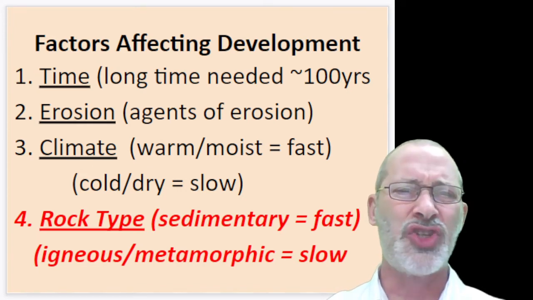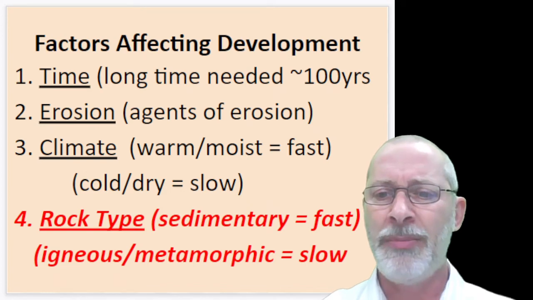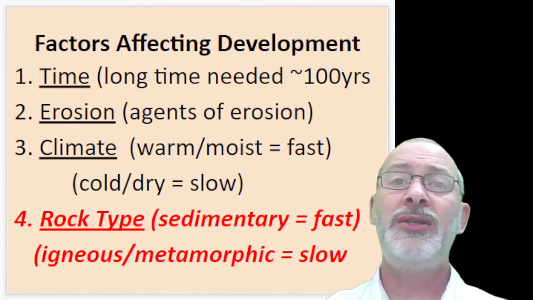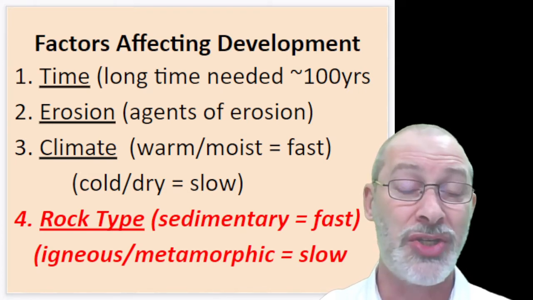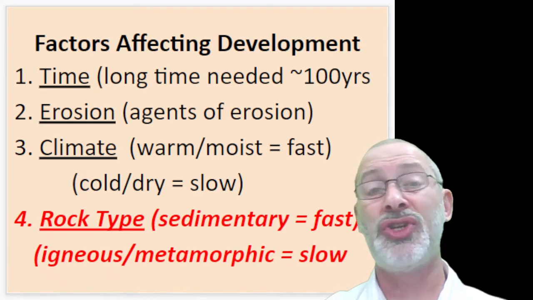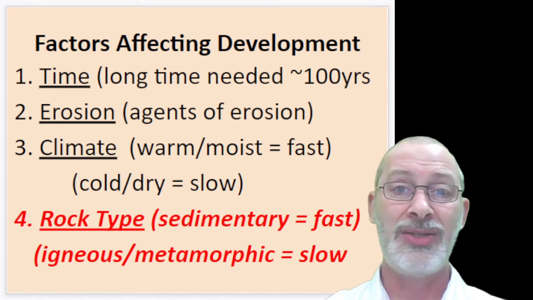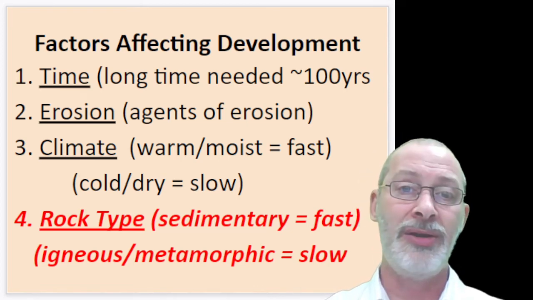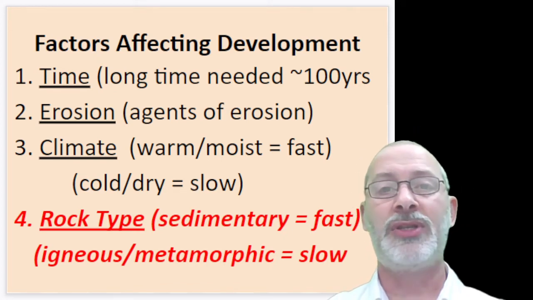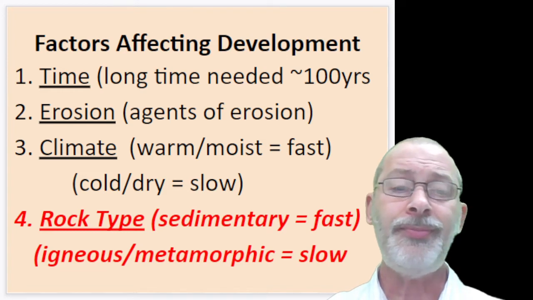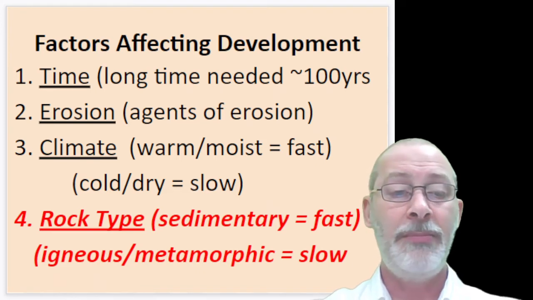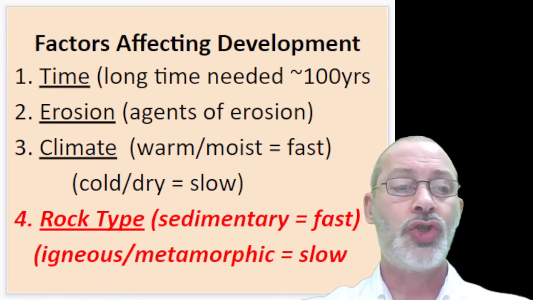But the development of a soil is going to be much slower, primarily because it's going to take a lot more time for those rocks to be weathered or eroded first, because you've got to have weathered rock before anything can even start to grow in those areas and develop a mineral layer in order for more plant growth to appear and develop a topsoil over time. So there we have our four factors affecting the development of a mature soil.